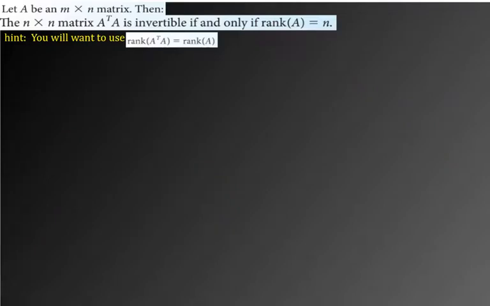All right, so here we want to show that for some square matrix, A transpose A is invertible if and only if the rank of A equals n. And conceptually here, this makes sense because basically you can take this inverse if and only if the thing doesn't lose dimension, right?